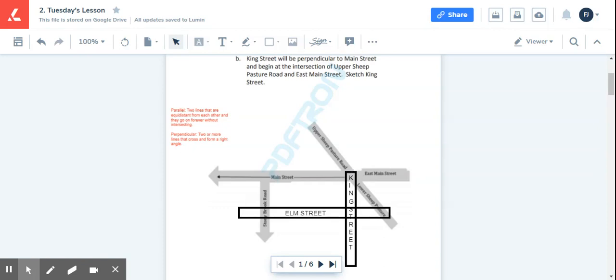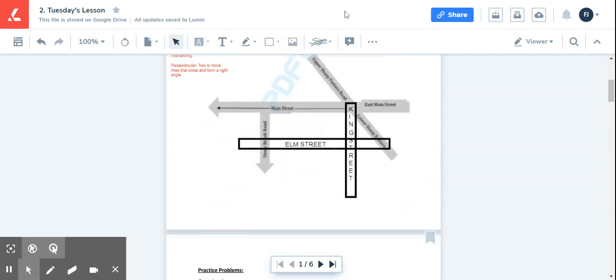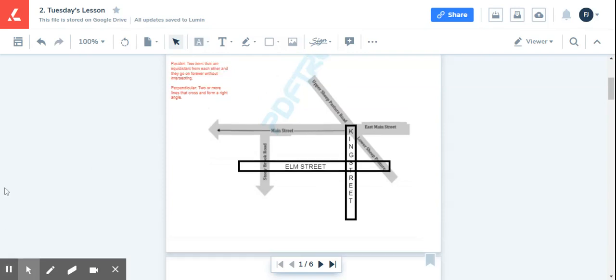And in order to make King Street perpendicular to Main Street, meaning that they create a right angle, this is where you should have drawn King Street. So we did all of that work so that we could review what parallel and perpendicular means.